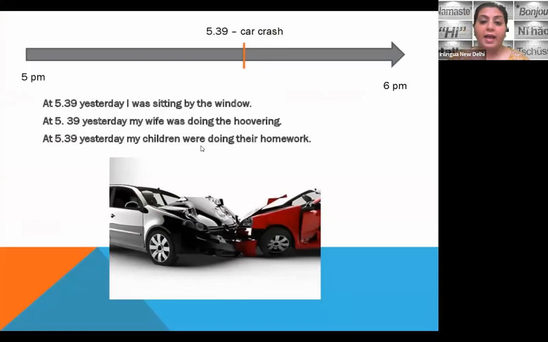There was an accident that happened at 5:39. There was a car crash that happened at 5:39. Apart from this car crash, at this time, there were many other activities going on. I was sitting by the window, my wife was doing the vacuuming, my children were doing their homework, and also an accident took place at 5:39 yesterday. So many actions were happening at the same time.